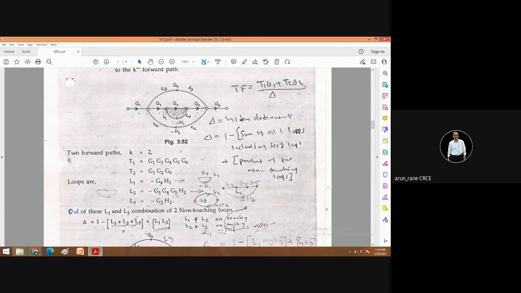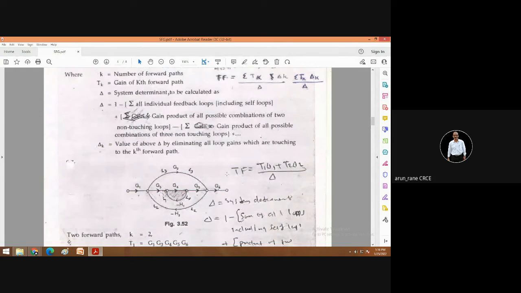Here it is sum and here it is product. 1 minus sum of all loops plus product of two non-touching loops. Remember this. This is slightly confusing.